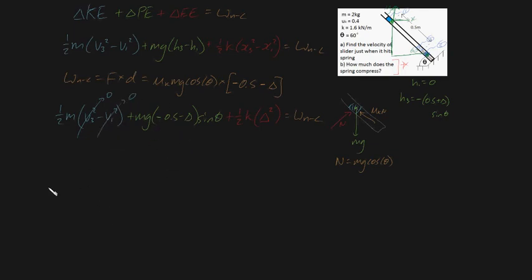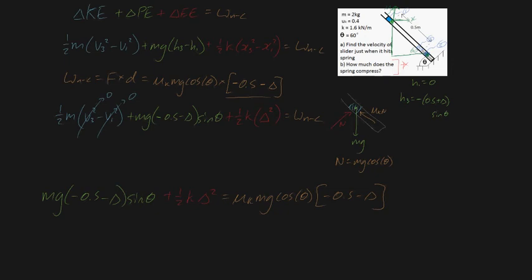So this term all boils down to mg times minus 0.5 minus your compression of your spring sine theta, plus a half k delta squared, and that's going to be equal to mu k mg cosine theta times this beast right here, which is minus 0.5 minus delta.